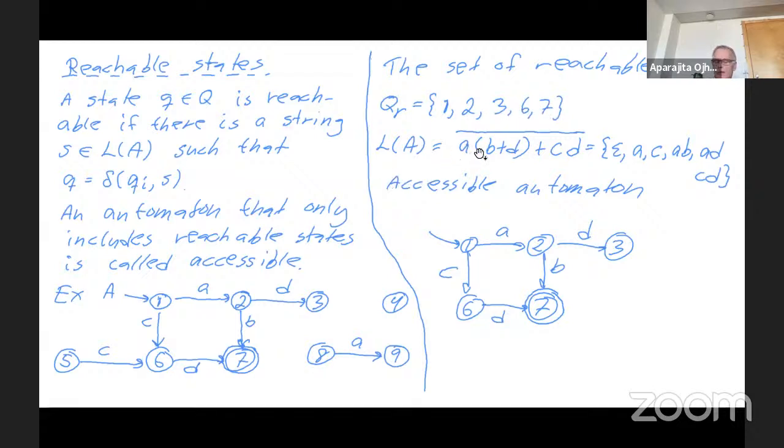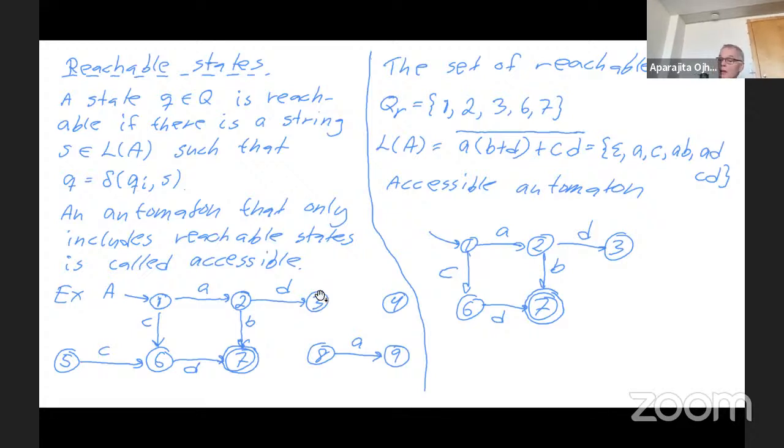And you could say that the language of that automaton is epsilon, A, C, AB, CD, but also AD. So this is the language of this automaton.